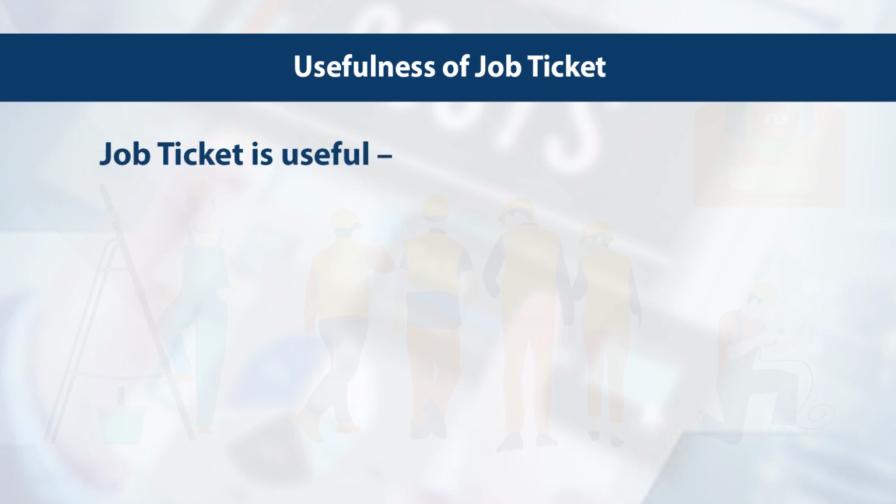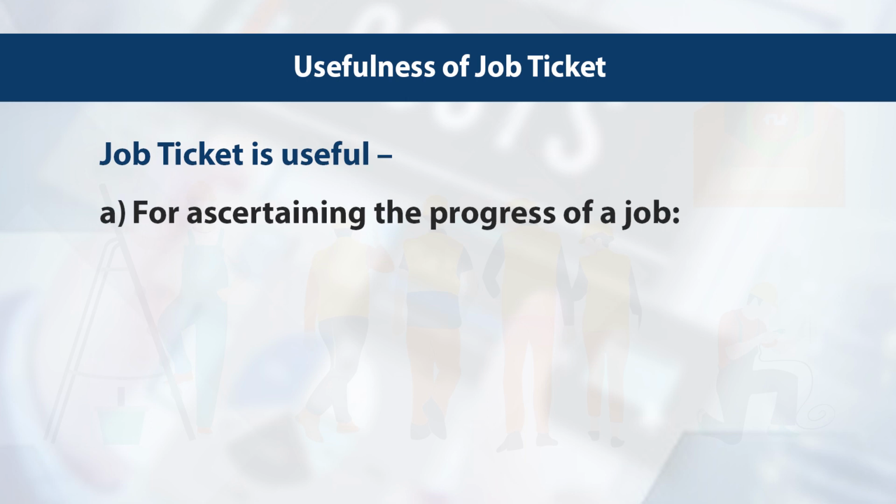Job ticket is useful for ascertaining the progress of a job. That is, when a job is passing through different operations, each operation is allotted a specific time for completion. In the presence of a job ticket, a progress report can be obtained and the present status of the job can be evaluated.